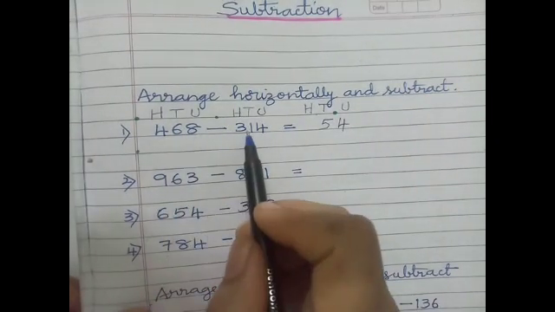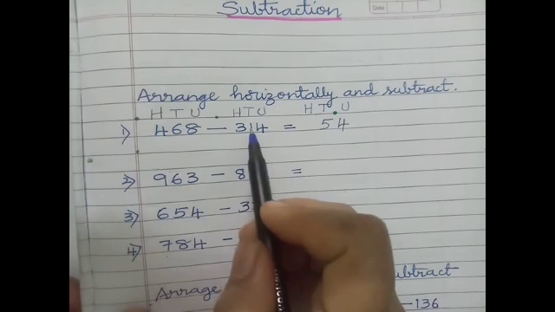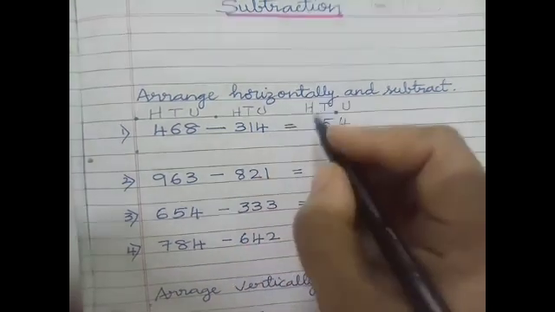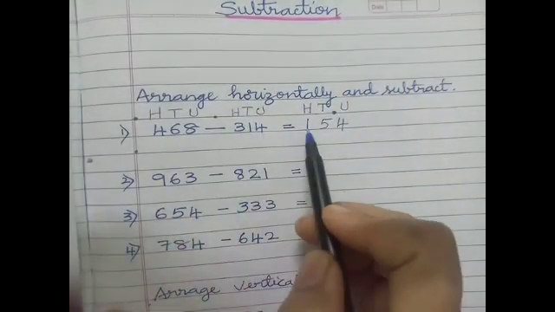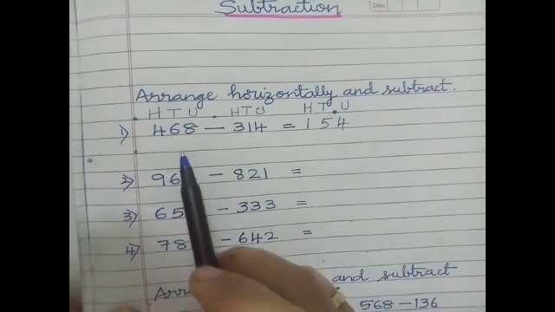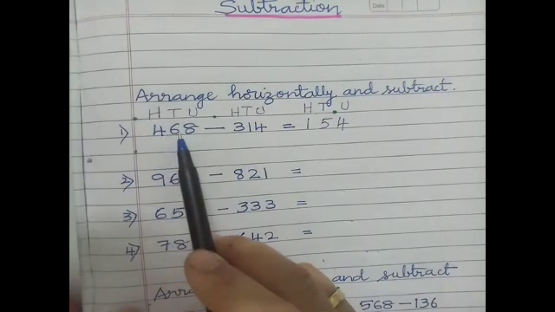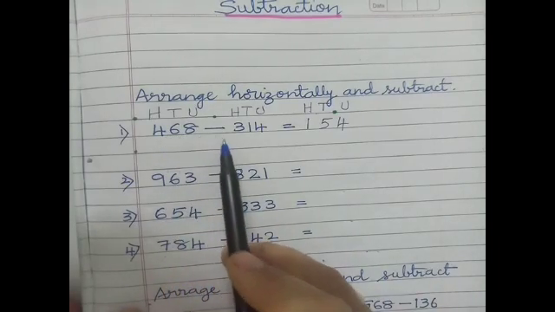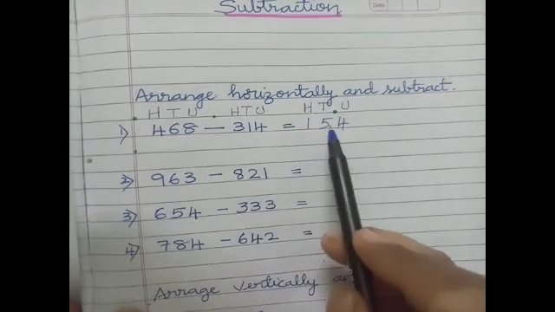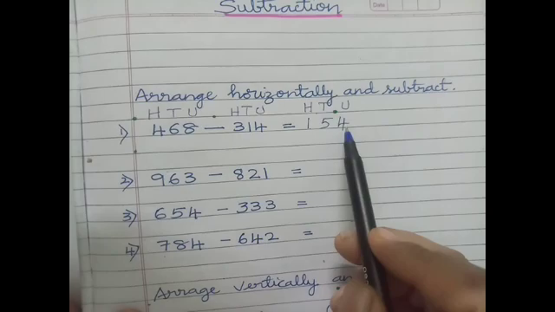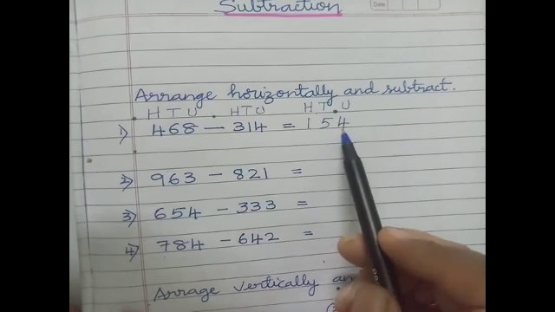After 3 comes 4. So it is 1. 4 minus 3 is 1. So that is how we got the answer. 468 minus 314 is equal to 154. Is that clear, children?